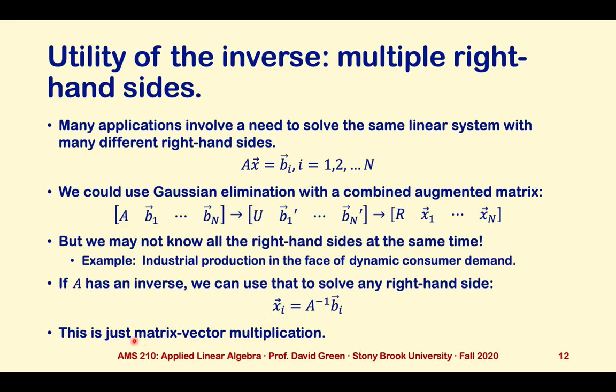And so we have a quick way to solve the system repeatedly with any changes to the right-hand side. This is one place where the inverse becomes useful.